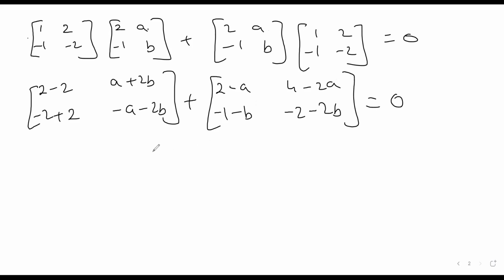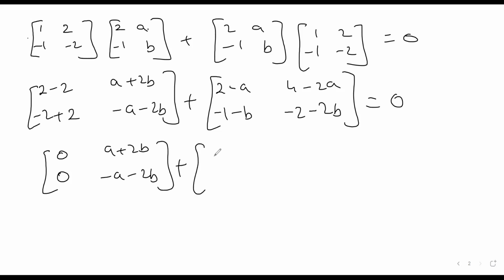It is equal to 0. This is 0. A plus 2b, 0, minus a minus 2b, plus 2 minus a, 4 minus 2a, minus 1 minus b, minus 2 minus 2b is equal to 0.